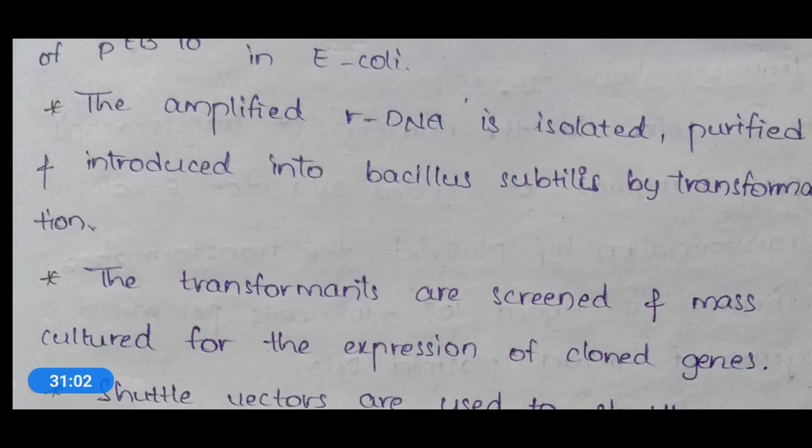So in the second step, what are we going to do? We are going to isolate and purify this rDNA and introduce it again into Bacillus subtilis for transformation. First, we inserted the desired gene into pEB10 and introduced it into the E. coli cell.